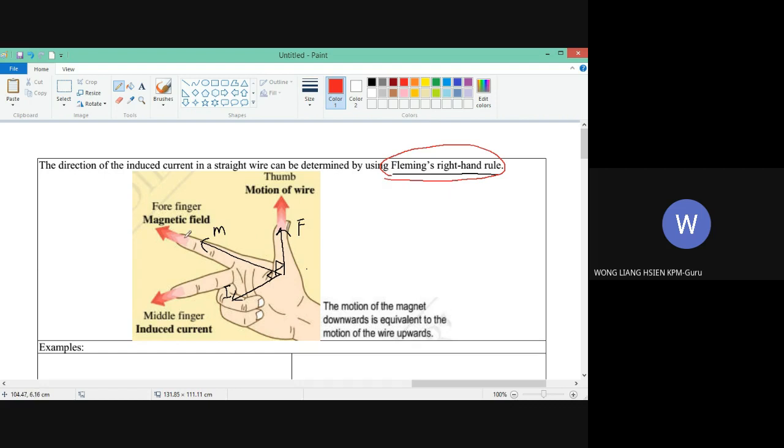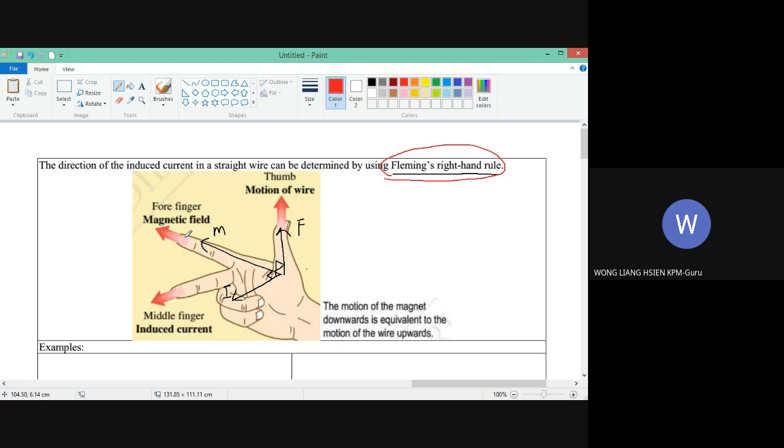Fleming left hand rule is where you have a power source, a battery, a power supply that supplies the electric current, and then the electric current produces the force. That you use Fleming left hand rule. So it's very simple.